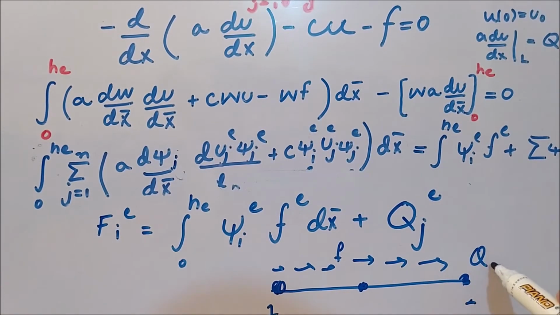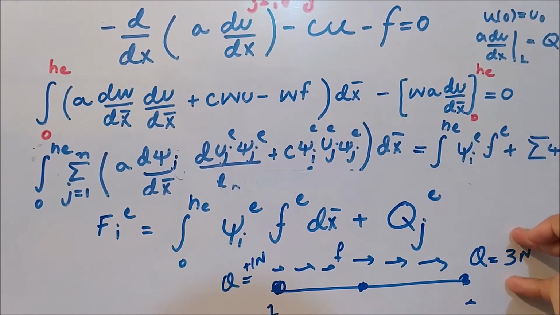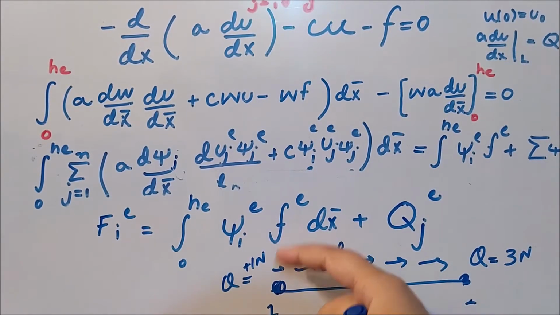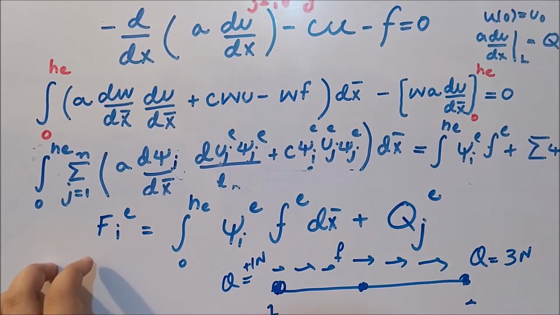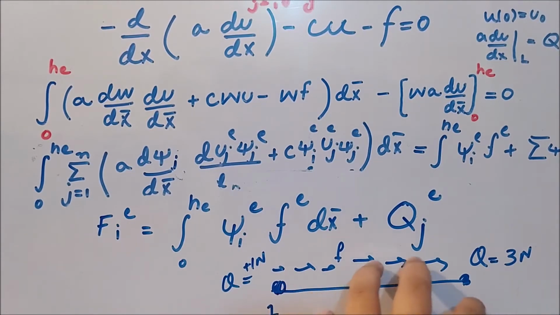For example, this Q is 3 Newton, and this Q is, let's suppose, 1 Newton. So capital Q represents a nodal force, but small f represents a distributed load over the eth element. So the force vector, capital F, is equal to the sum of the distributed force and the point forces on all the nodes in the eth element.